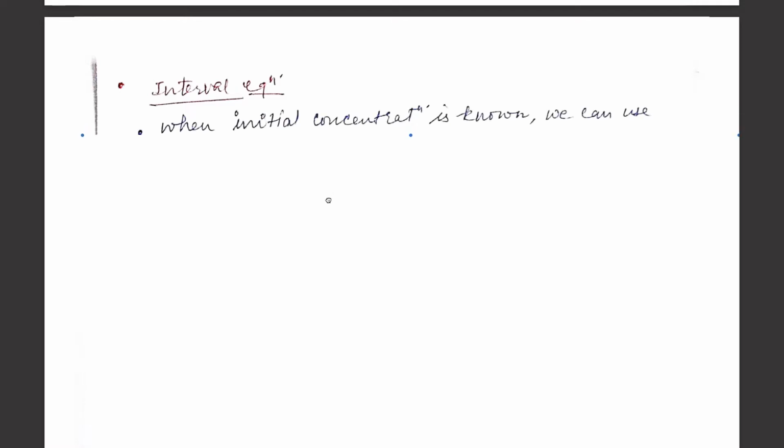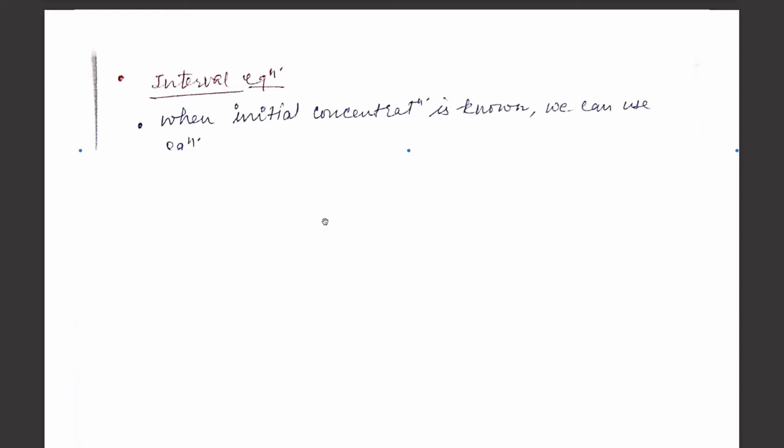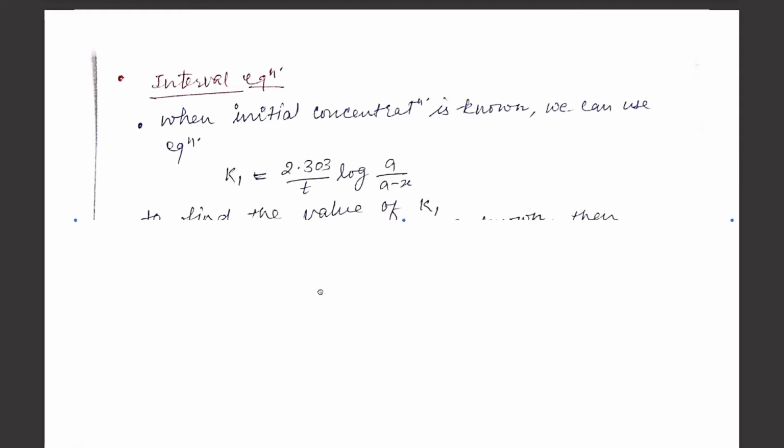Next, let us see how this equation can be represented, the graphical presentation of first order reaction. We'll derive one more formula for the integral rate equation for first order reaction when the initial concentration is not known to us.